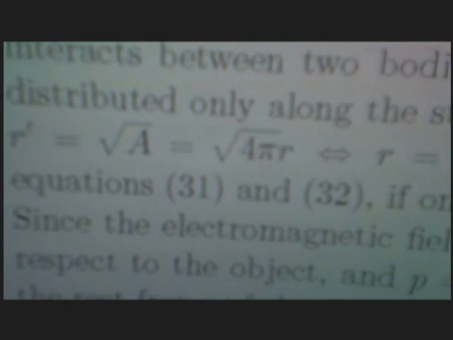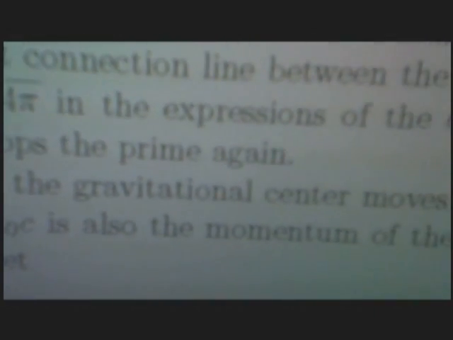Hence, one has to substitute r' = √A = √(4π) r, equivalently r = r'/√(4π), in the expressions of the dynamical field energies. This gives equations 31 and 32 if one drops the prime again.